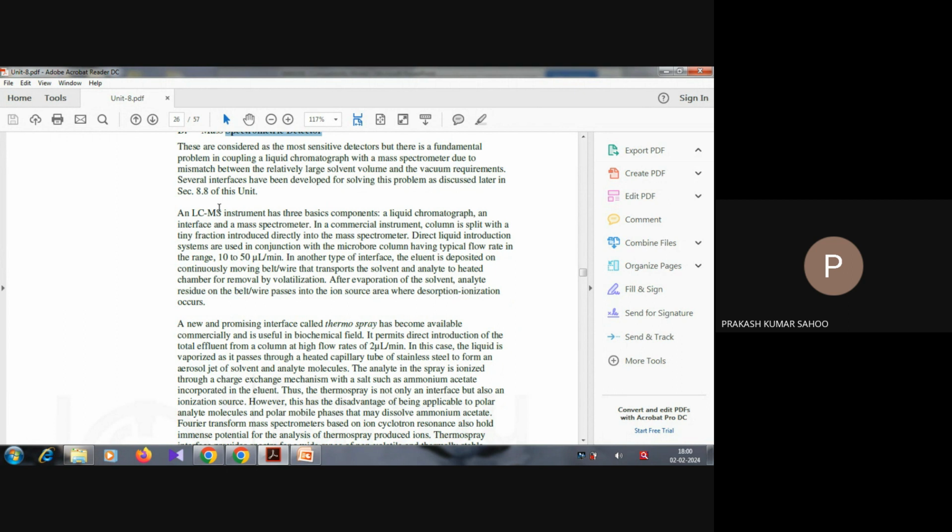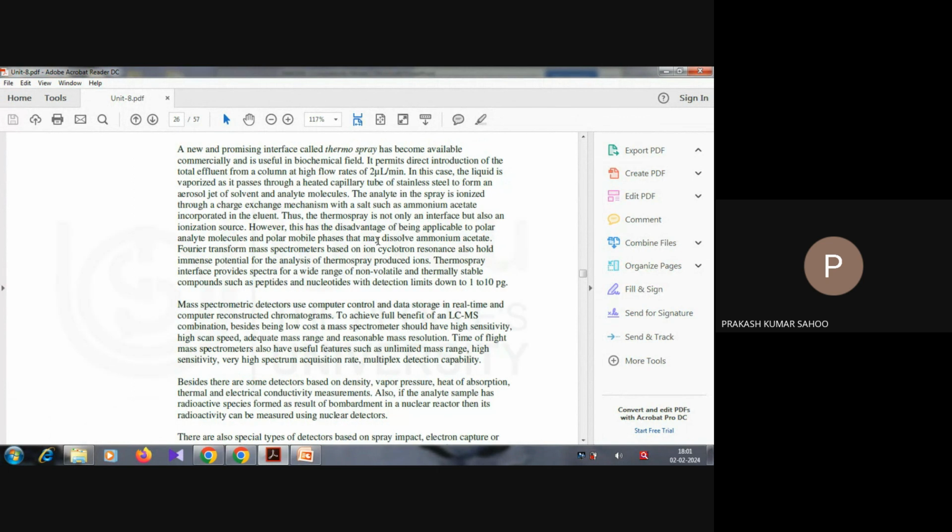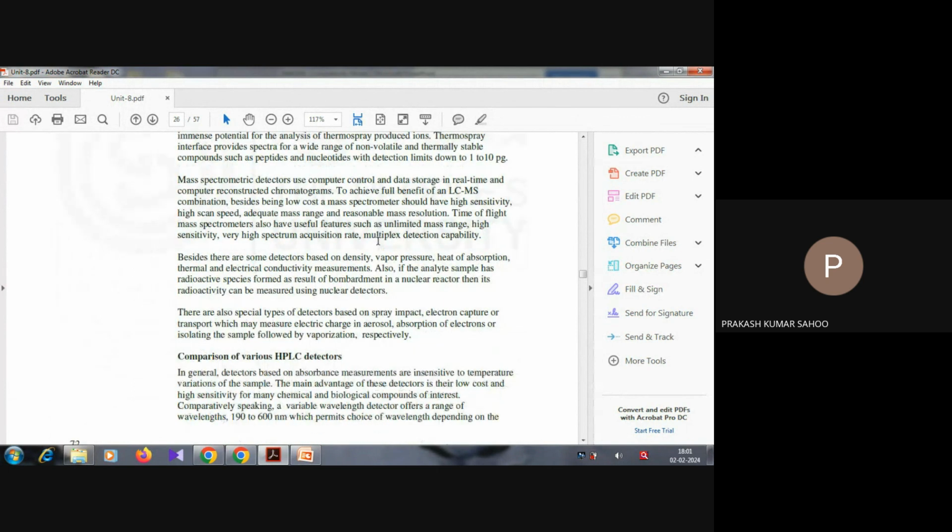And the advanced version, gas chromatography mass spectrometry, GCMS, is mostly used in various satellites or astronomical analysis. So these things are done by GCMS or LCMS type instruments. Then there is a comparison.